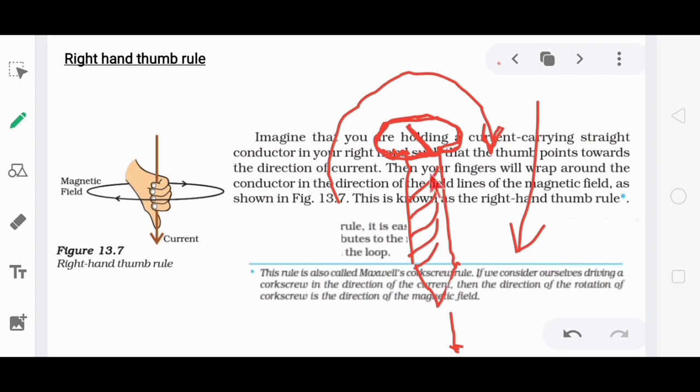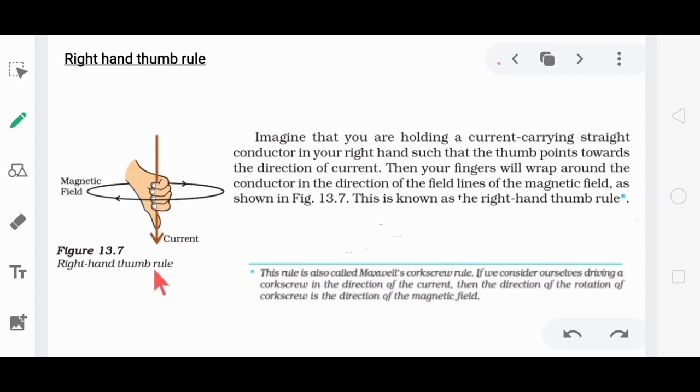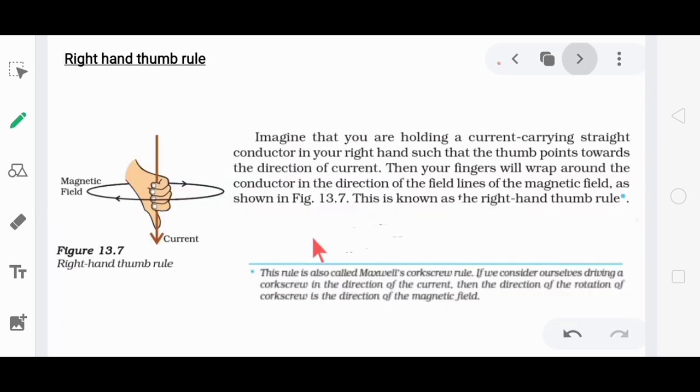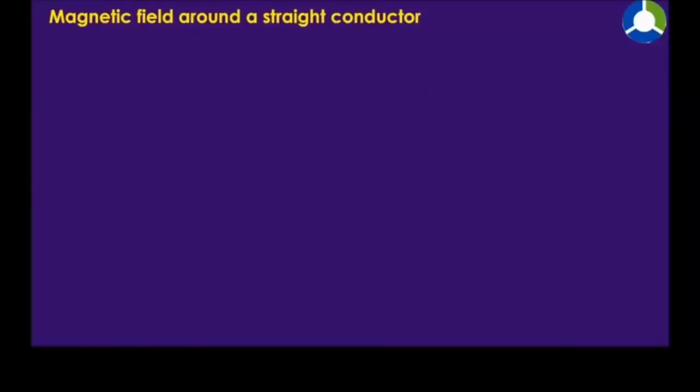This direction of the screw moving to be fastened is the direction of current, and this rotation of the corkscrew in clockwise direction will show the direction of magnetic field lines. These both rules represent the same thing, and an animation is also attached in this video to express these two things: magnetic field due to a current through a straight wire and the right hand thumb rule.